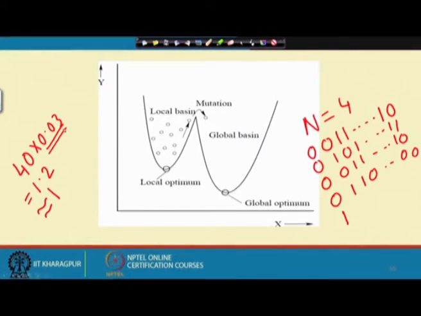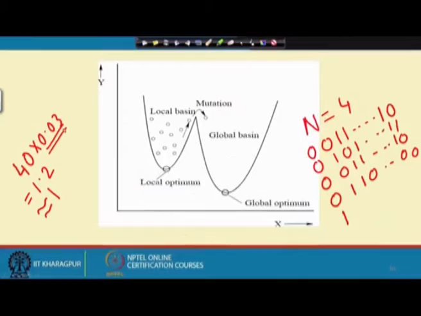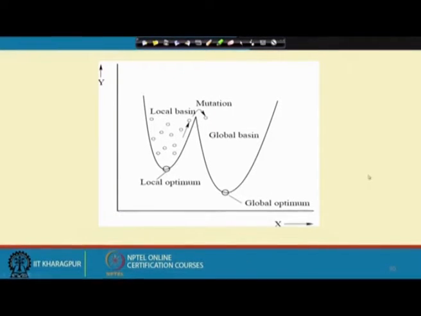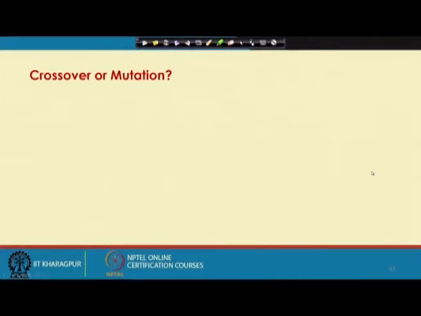Now, we have understood that the mutation probability has some role, and this operator has a big role in the working principle of the genetic algorithm. Let us try to find out whose contribution is more, and compare the contribution of the crossover and the mutation operator.